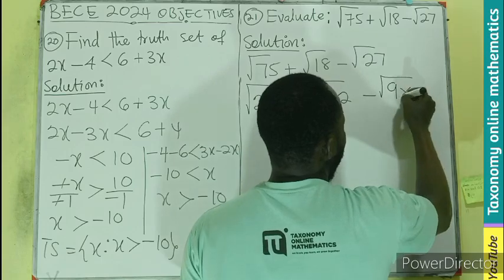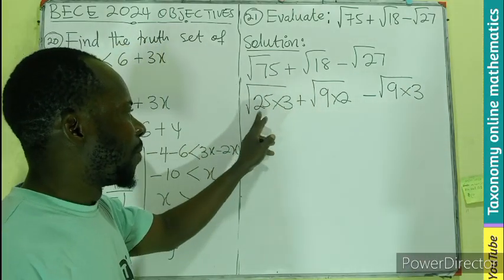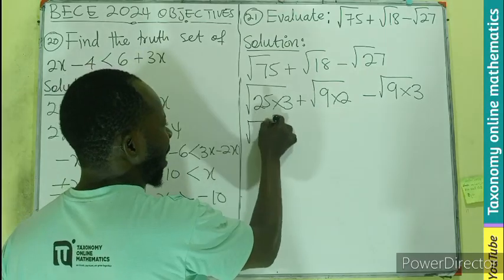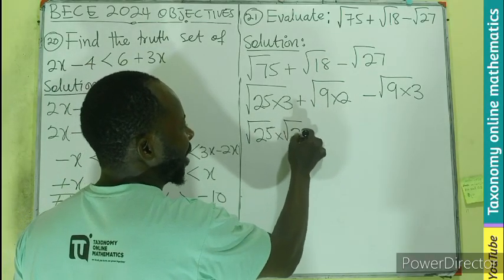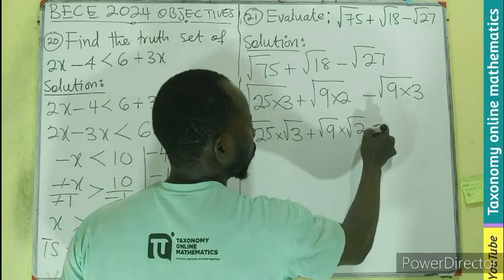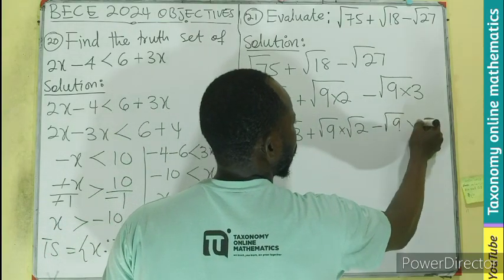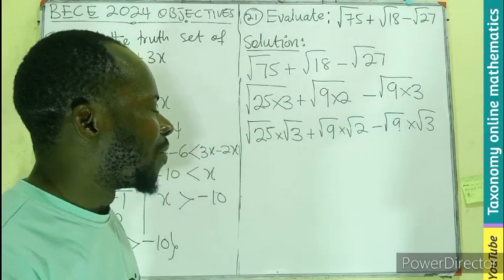So 9 times what? 3. Remember the laws? If you have two numbers multiplied, it means we can separate the root sign on each of the numbers.